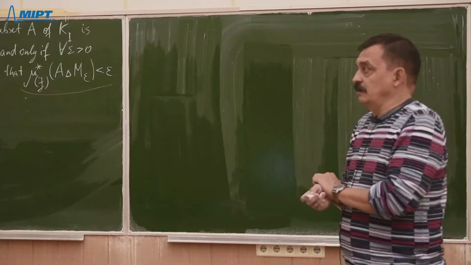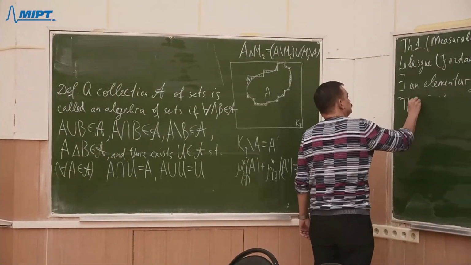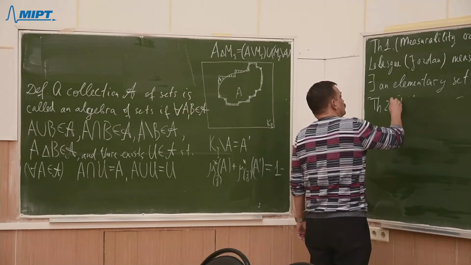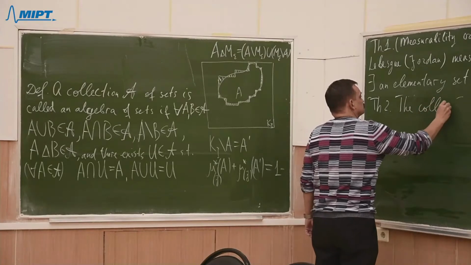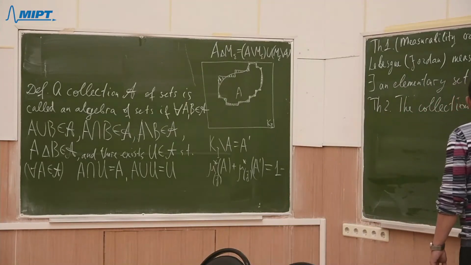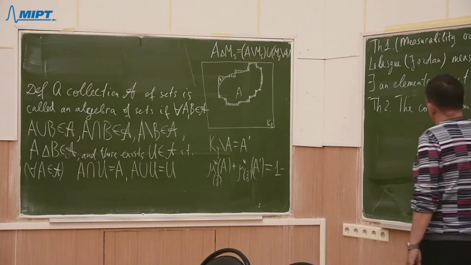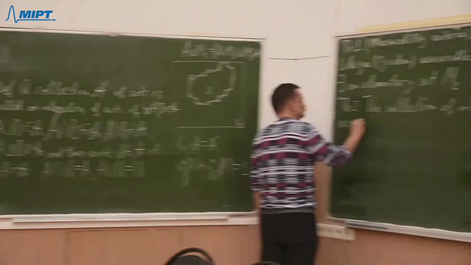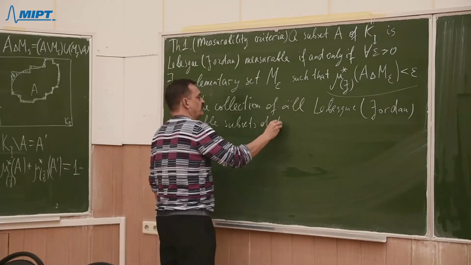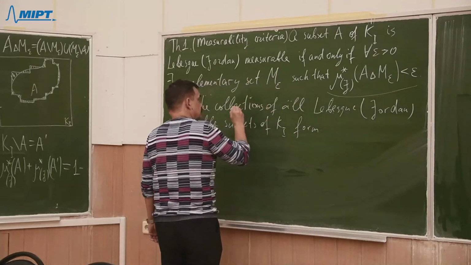And next, theorem 2. The collection of all Lebesgue or Jordan measurable subsets of Ki form collections.